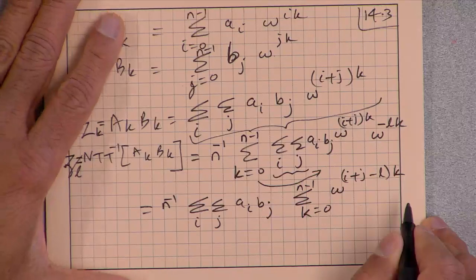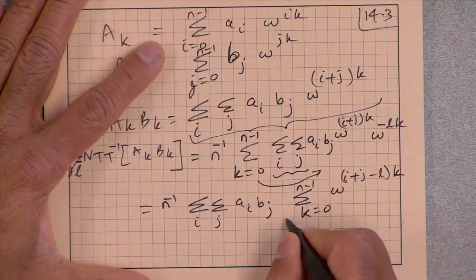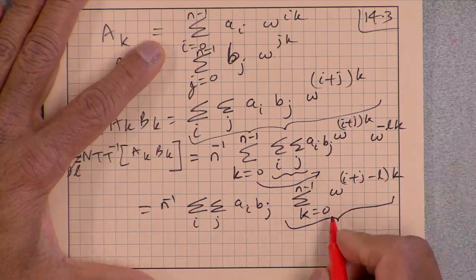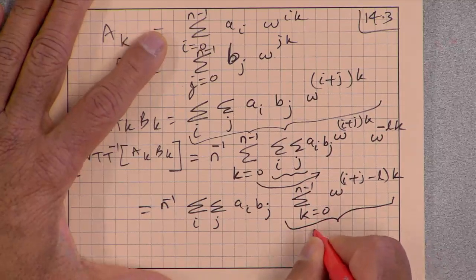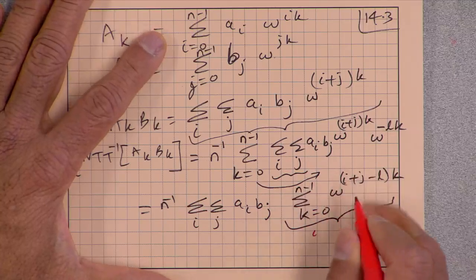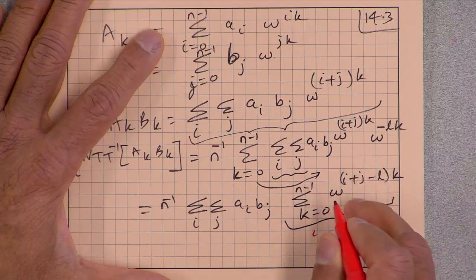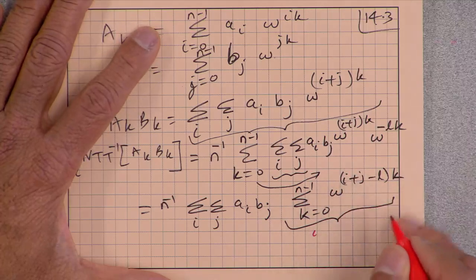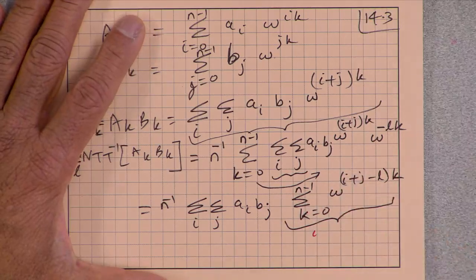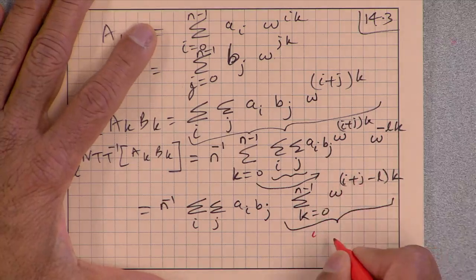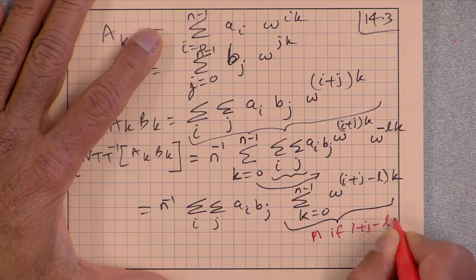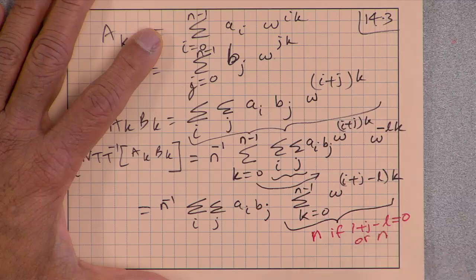Like the complex exponential, this sum will be 0 unless it is 1 added n times, if you remember from adding complex exponentials, which you can think of as adding n phasors or n vectors. So this will be equal to n if i plus j minus l is either 0 or n.